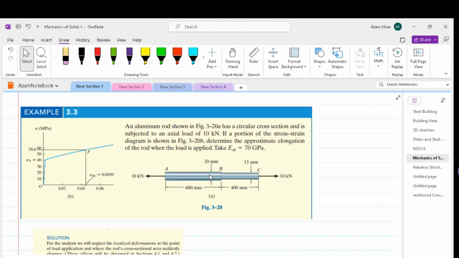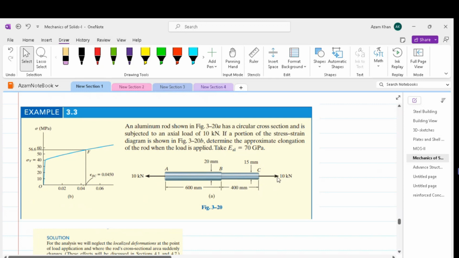We don't know whether the 10 kilonewton load is within the elastic region or beyond the elastic region for both of these segments. Therefore, we have to first of all convert this load into stress and check whether that stress is in the elastic or beyond the elastic region.